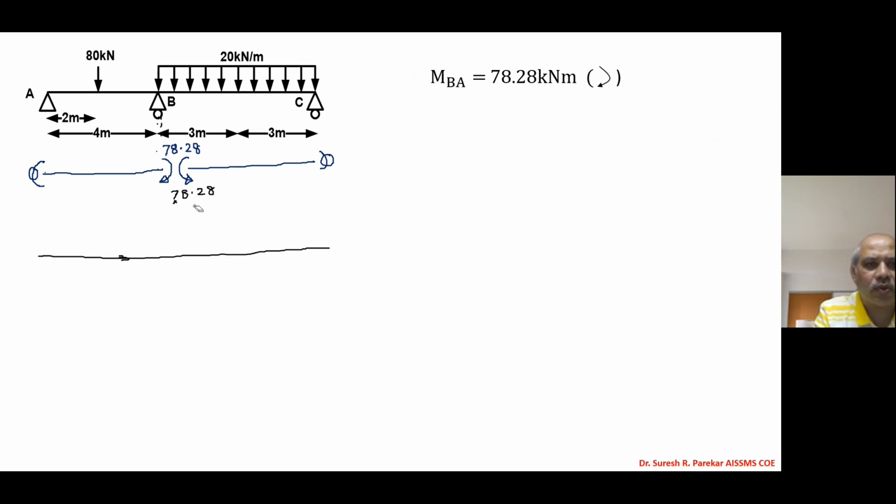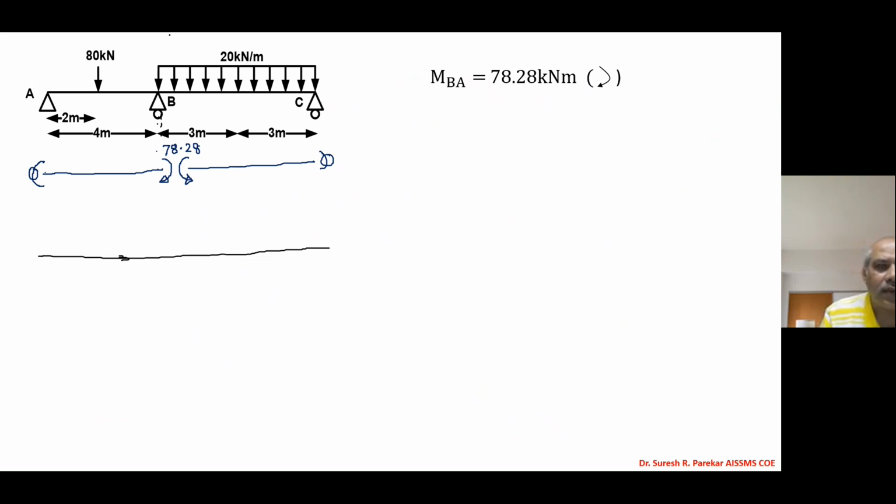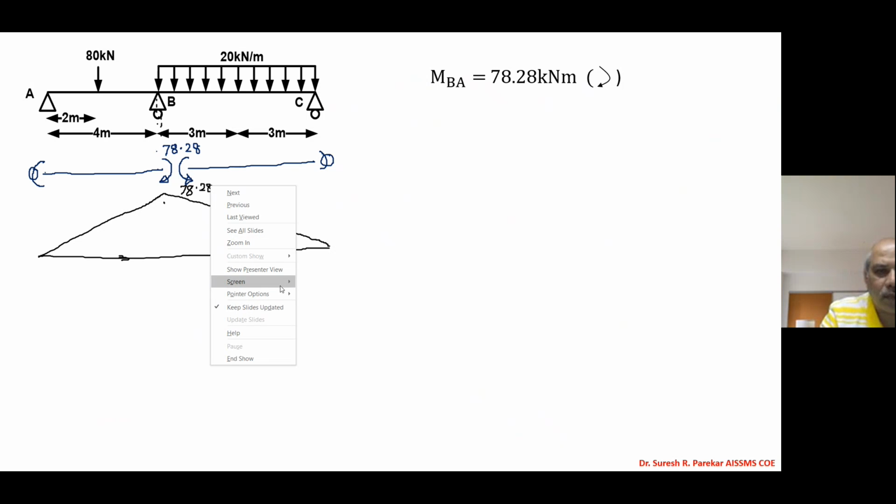Now after this we have to draw the bending moment diagram due to simple support. While plotting due to simple support, we have to see this value, which will be WL by 4 for a concentrated load at the center. So we have due to simple support, first WL by 4.